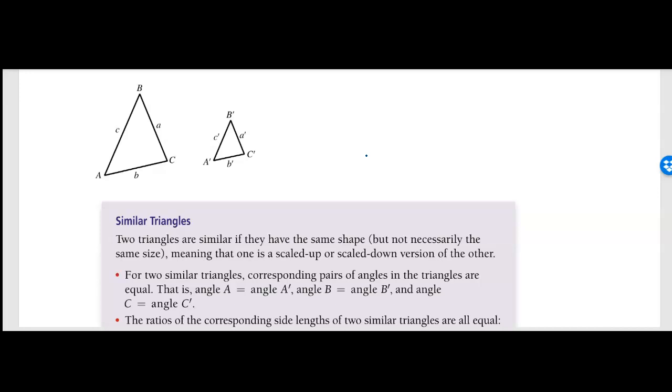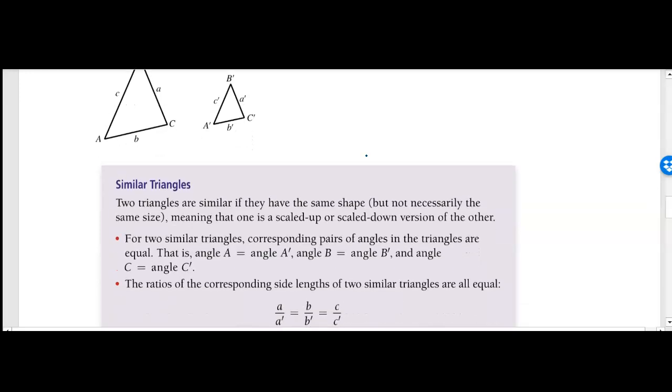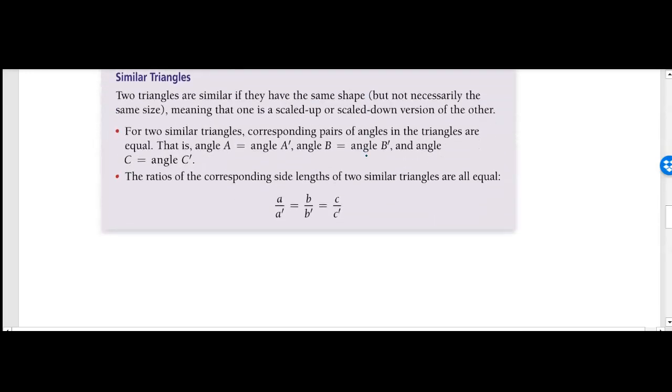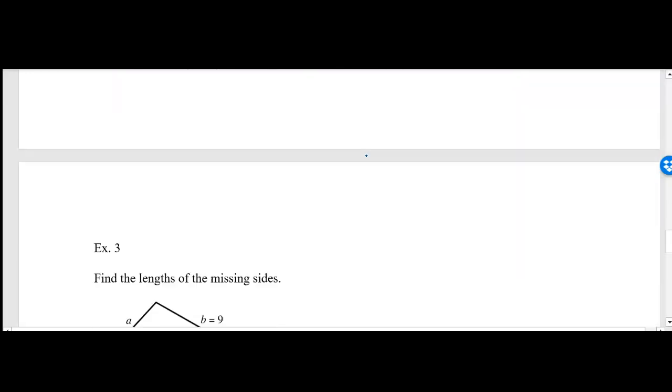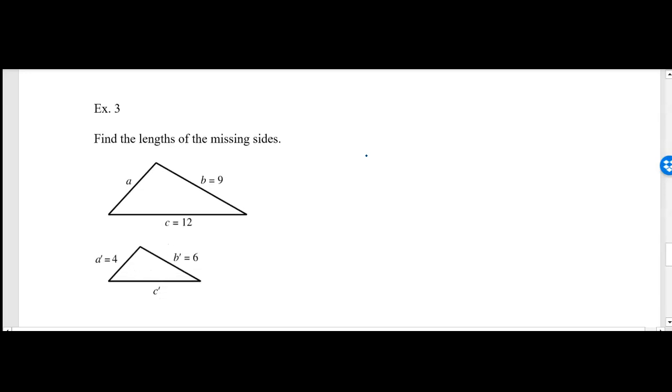If they're all equal, then these are considered similar triangles, and that means that the corresponding sides are similar, meaning they have a ratio, they have a relationship, and this is how you could set it up. A to its corresponding side, B to its corresponding side, and so forth. We're going to work with similar triangles with the next two problems, and we can see how we can apply this.